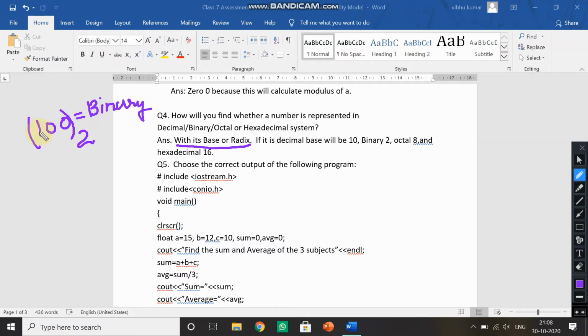If the same number has got the base as 10, then we will very easily come to know that it is 100 and represents the decimal number. In the same way we can find octal and hexadecimal also. So here base or radix helps us to identify the number.